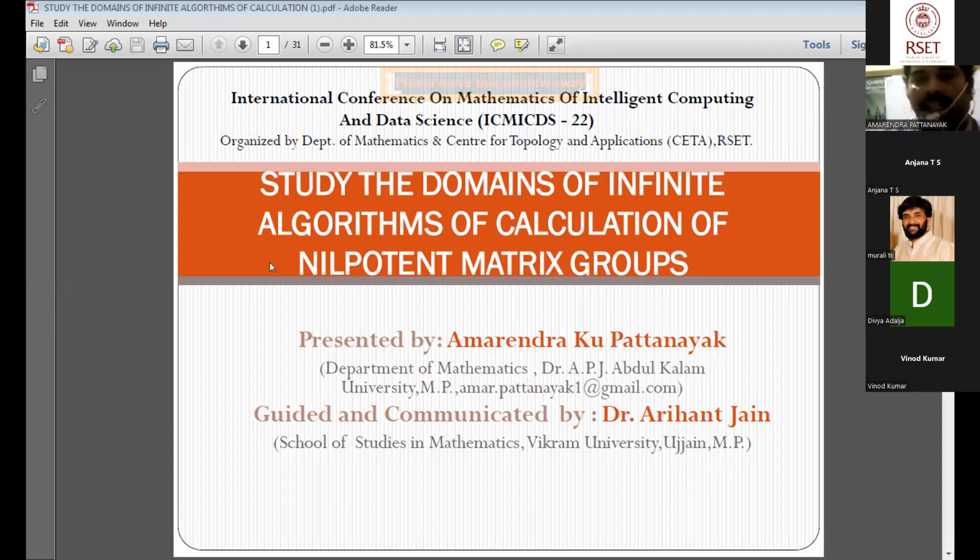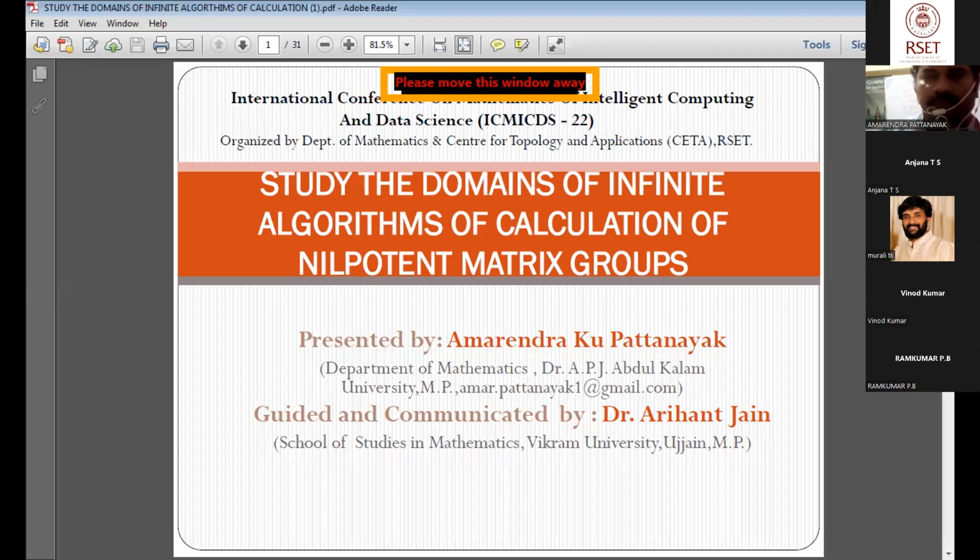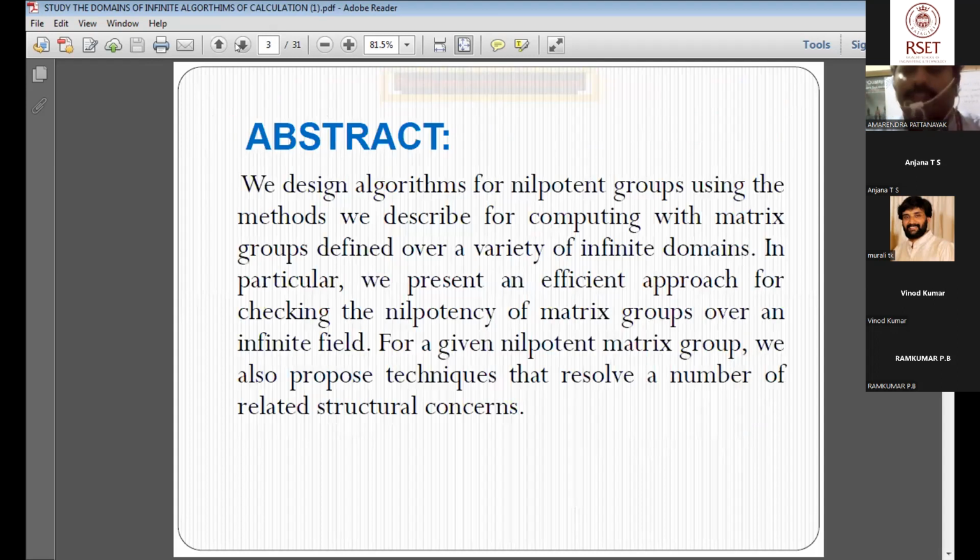I want to present one topic, that is, the study of the domains of infinite algorithms for the calculation of nilpotent matrix groups. Abstract.